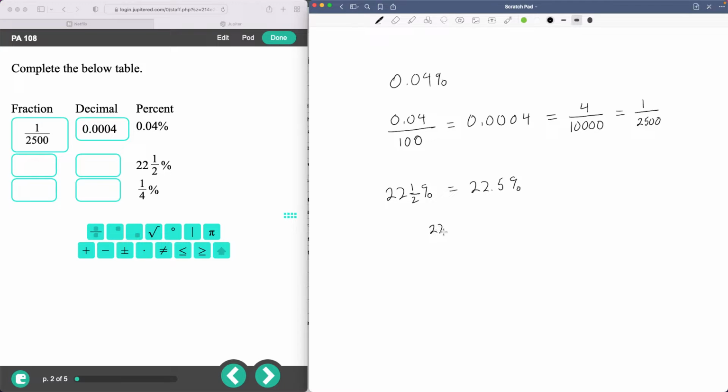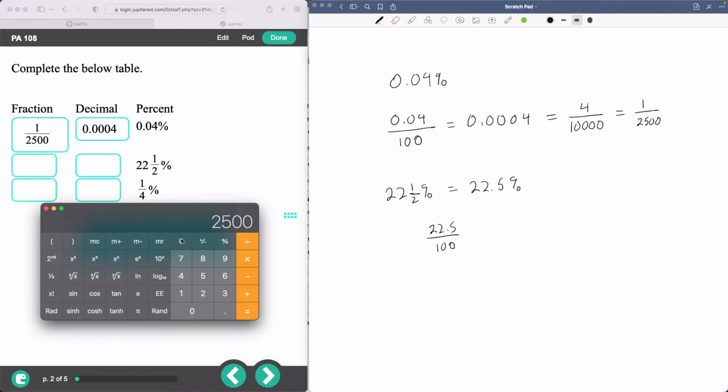So 22.5 over 100, that's going to give us our decimal. So 22.5 divided by 100 equals 0.225.